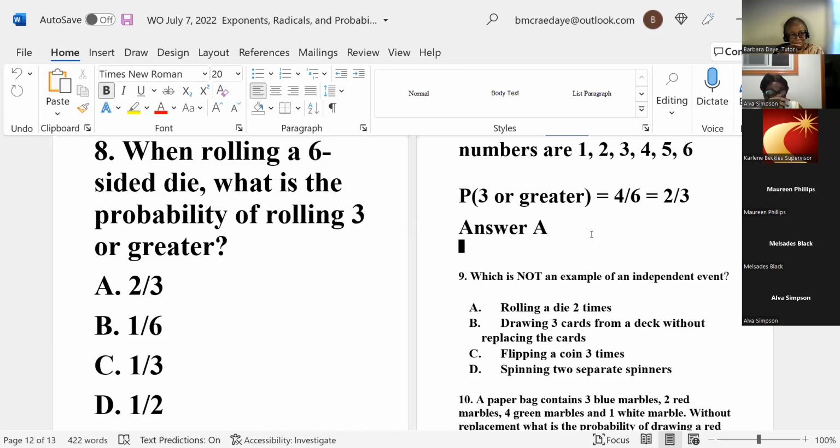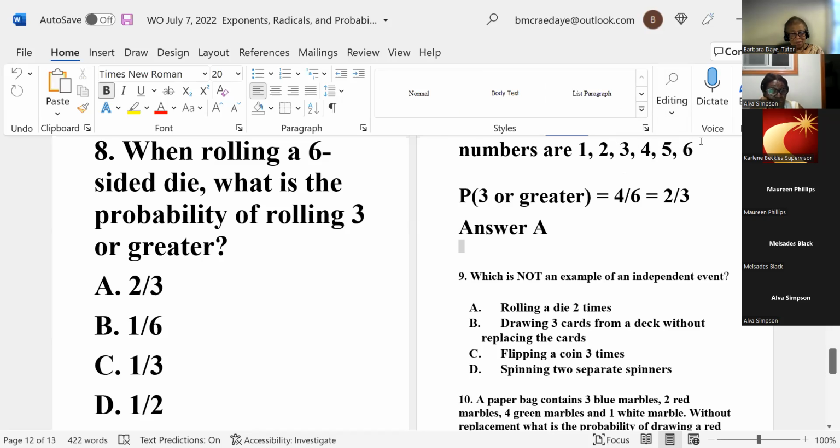So we have to put 4 over 6, because you have 3 or greater. You've got 3, and then 4, 5, 6 that are greater than 3. So that's 4 possibilities.